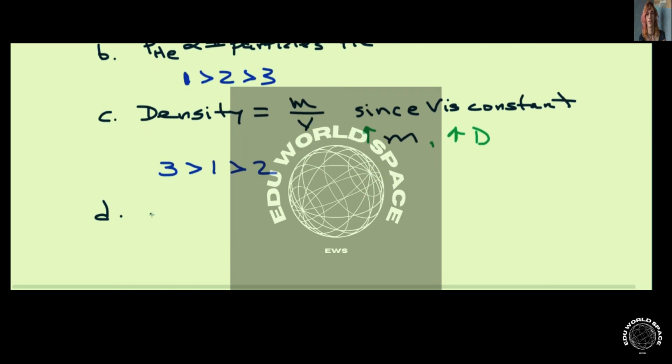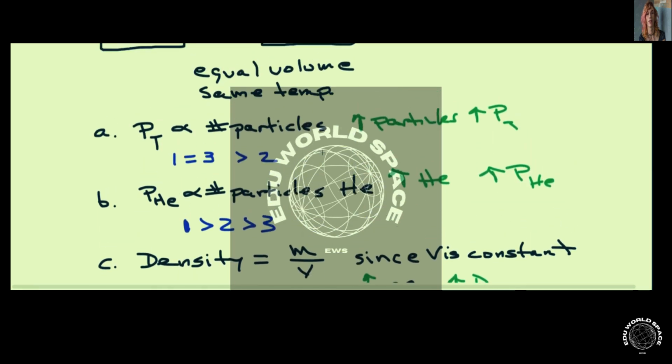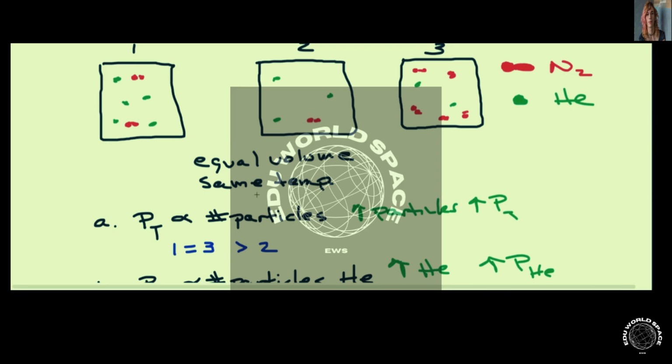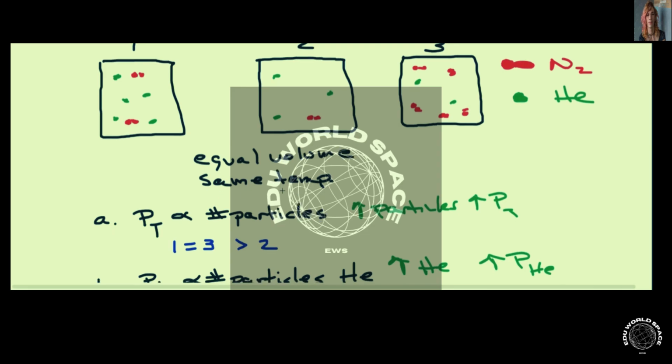And finally, average kinetic energy. Now that's the definition for a term, for a word. That means the average kinetic energy is temperature. So what does that mean? Well, all of these 3 are at the same temperature.